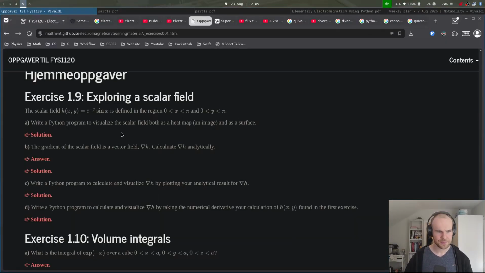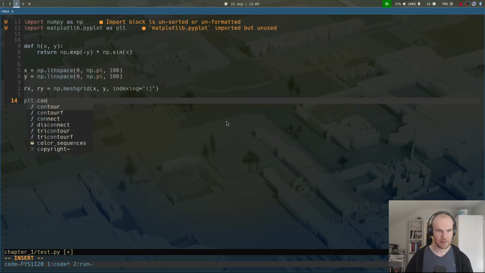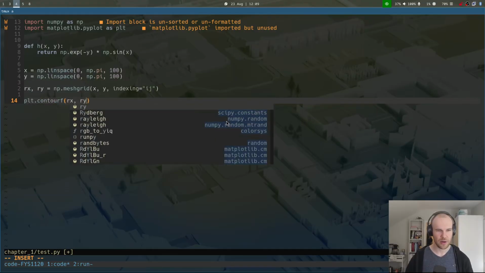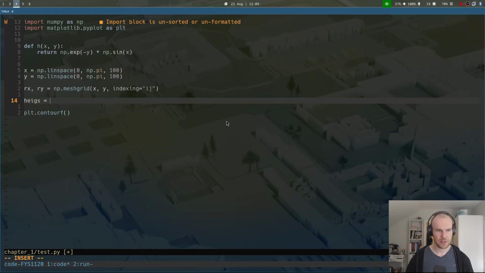Okay, and we want a scalar field. So it's a contour plot and a surface, right? That contour plot, it's just plt.contour of this, and we have just Rx. No, I need the heights, of course. So the height is going to be, let's see, heights is just h of Rx, Ry.